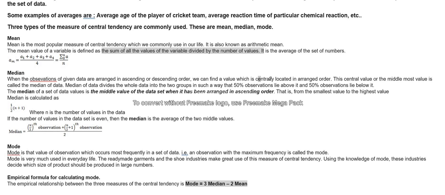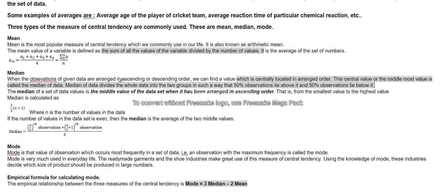This central value, or middlemost value, is the median of that data. The median divides the whole data into two groups: 50% of observations lie above it and 50% lie below it.